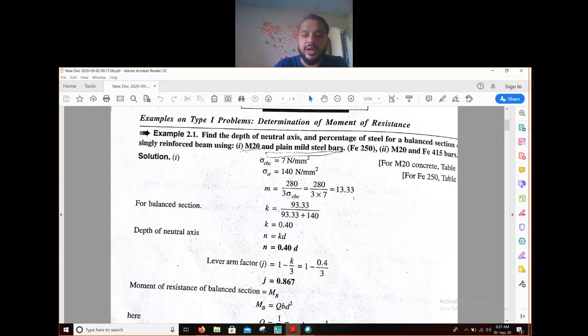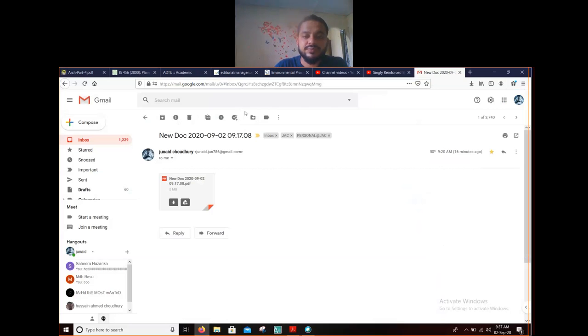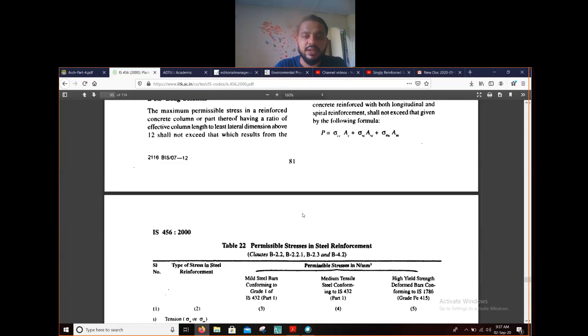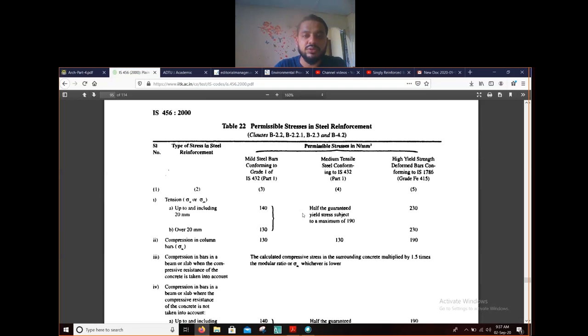So for Fe250, from table number 22, you will get sigma st equal to 140 Newton per millimeter square.